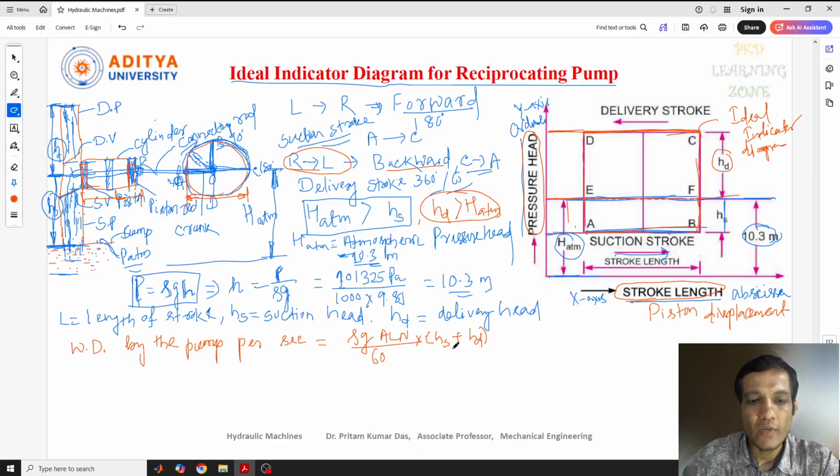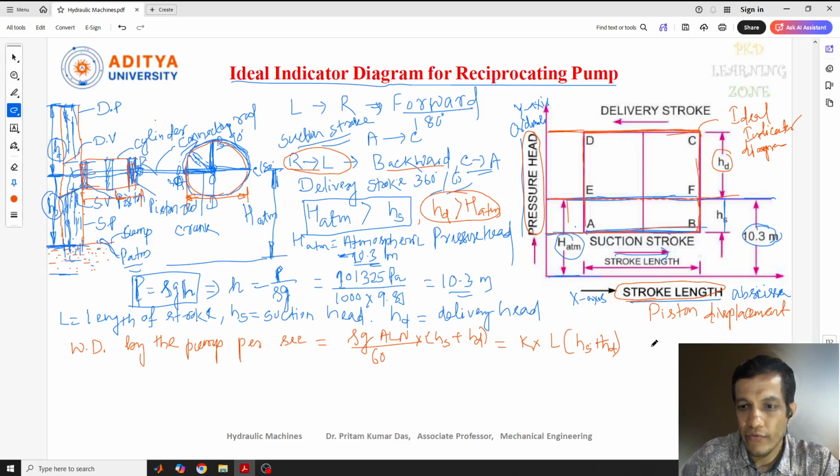Now in this terminology, let me write a term here: K into L into HS plus HD.